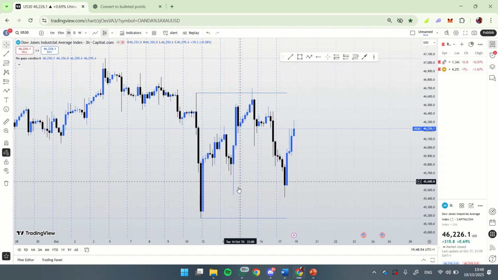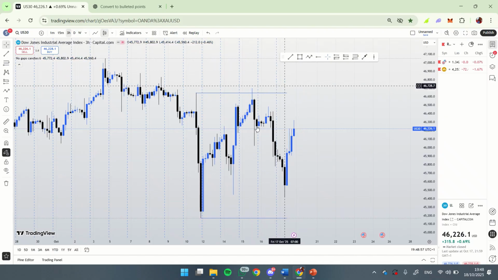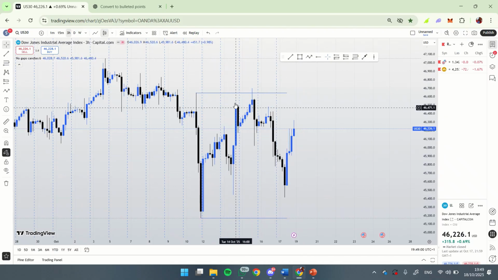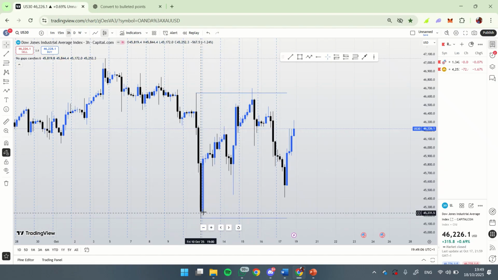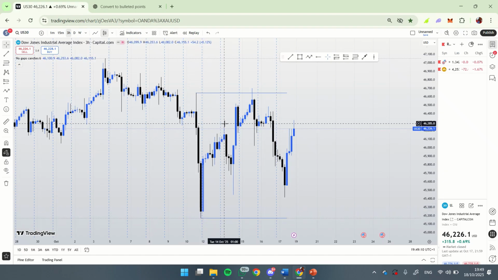So now, since price did this, this low brought this high, and it broke this particular one. In this case, we are looking at this low bringing this high, and now there's a break after a retracement, which is a break of structure.